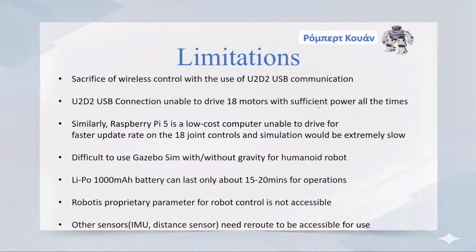And the utility tool is actually having some issue to drive all the 18 motors. I mean, it doesn't give the power itself, but I think that's still a little bit overloading. Plus, of course, my Raspberry Pi 5 is also a very low-cost computer at the same time.